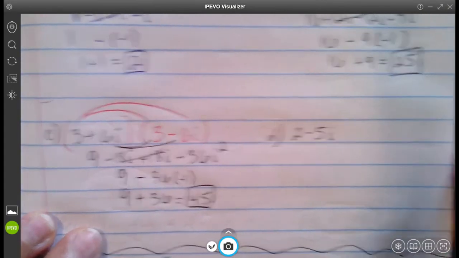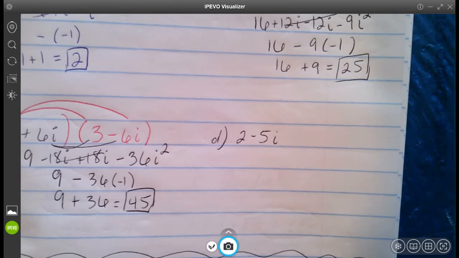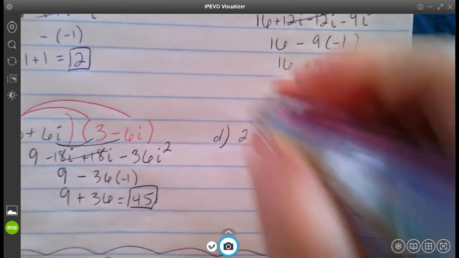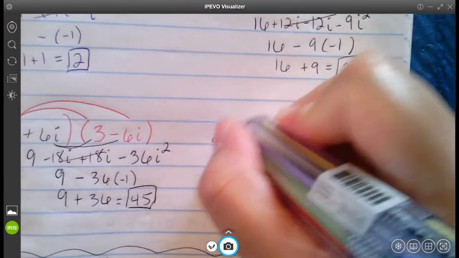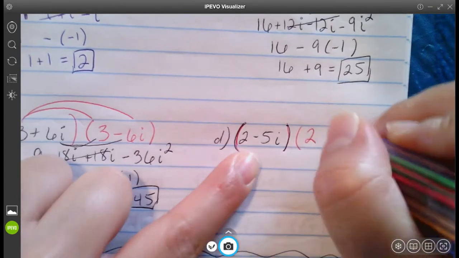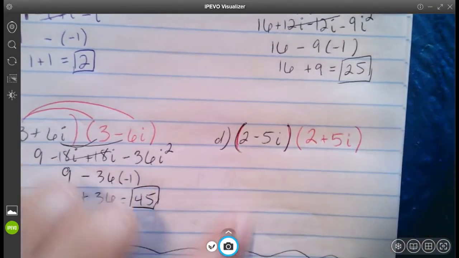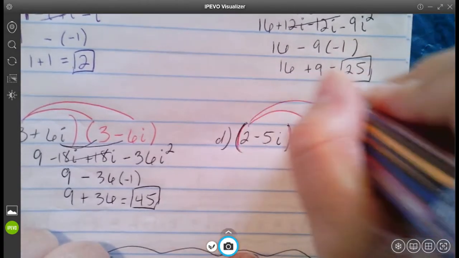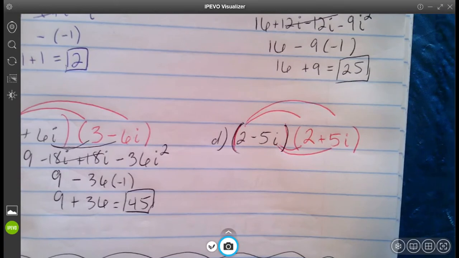Okay, last one. Same thing, we're going to multiply times the complex conjugate. So I keep the same real, so 2, change the imaginary, plus 5i. Okay, same thing, we're going to FOIL, and hopefully you're getting better at the FOIL.